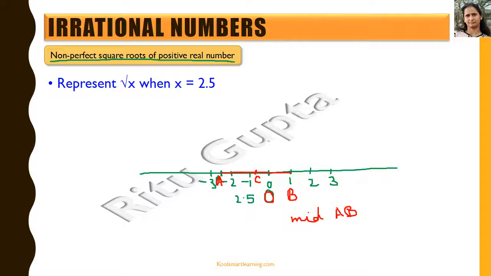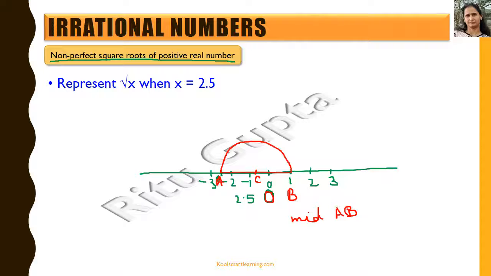So we take the midpoint C as center and AC or CB as the radius, and we draw a semicircle.